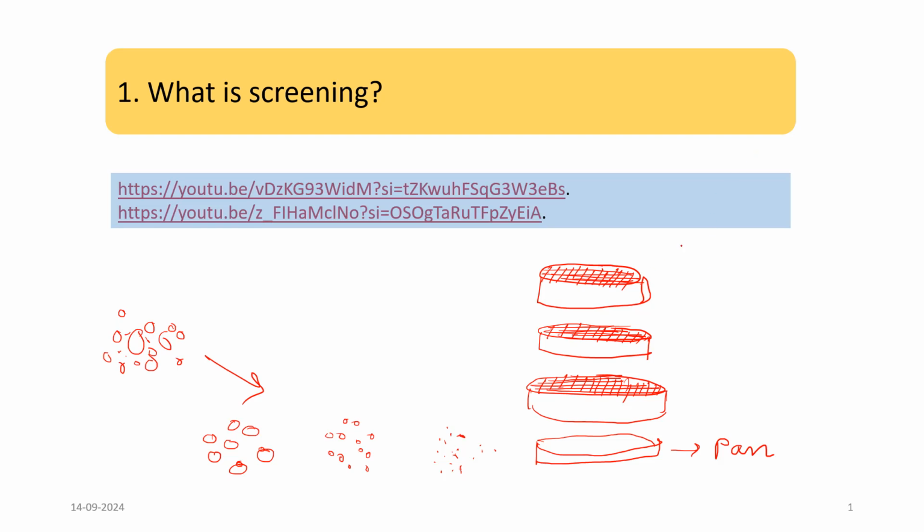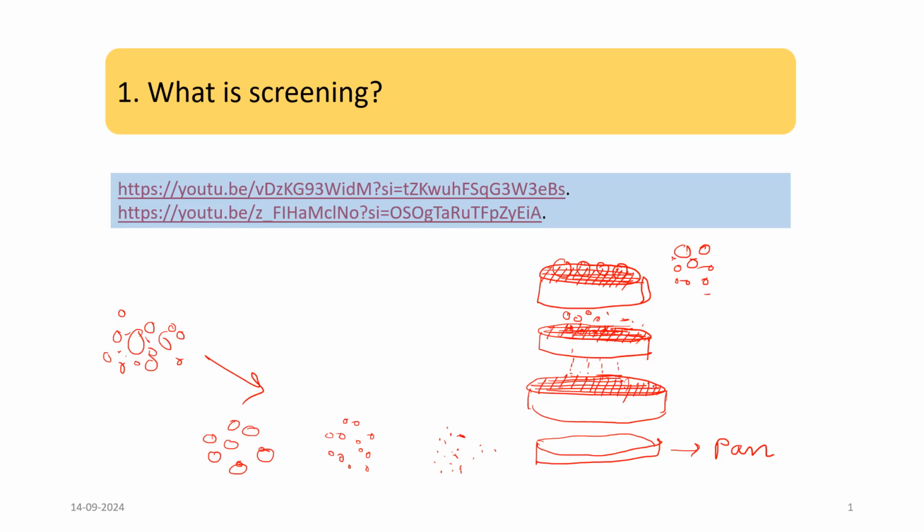Suppose I am sending a mixture of particles. In the top mesh, only the bigger ones will be retained, and all the medium and fine will pass through. In the second mesh, the medium ones will be retained and the fine ones will pass through.